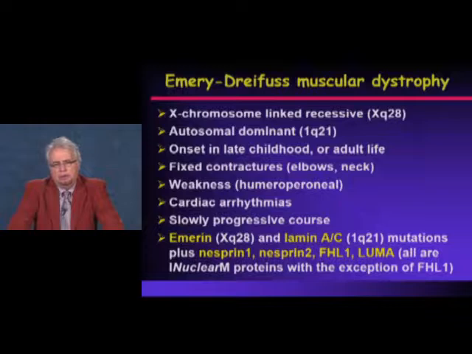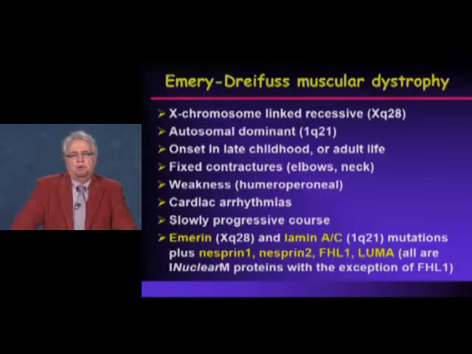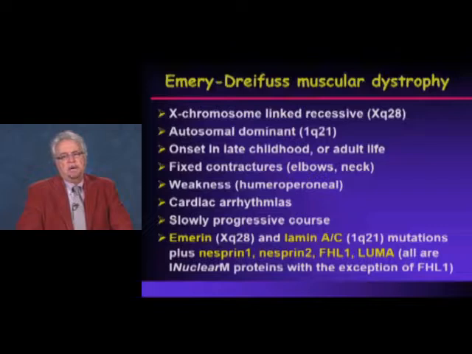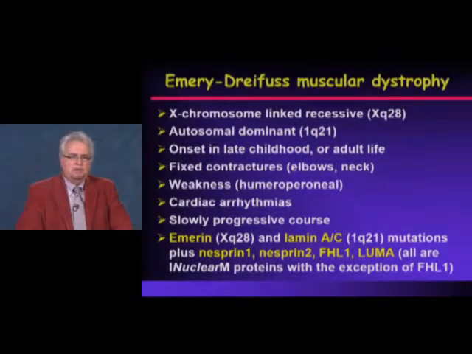They can have bad cardiac arrhythmias or AV block, but it has a slowly progressive course and has been linked to mutations in genes like emerin on the X chromosome and lamin A/C for the autosomal dominant or even recessive cases, but other genes like Nesprin1, Nesprin2, FHL1, and LUMA have also been linked to Emery-Dreifuss muscular dystrophy.